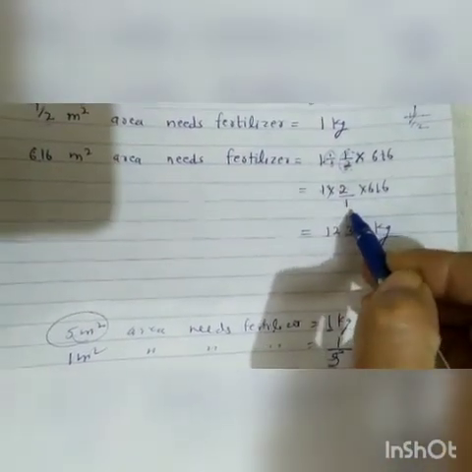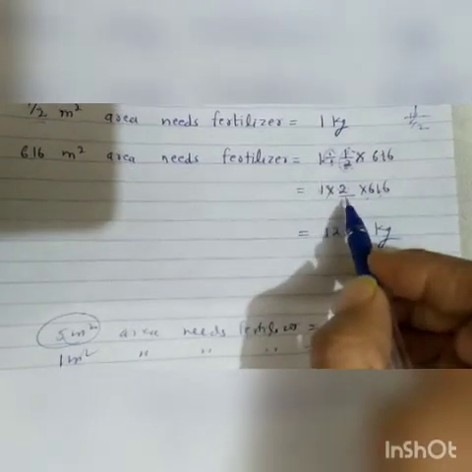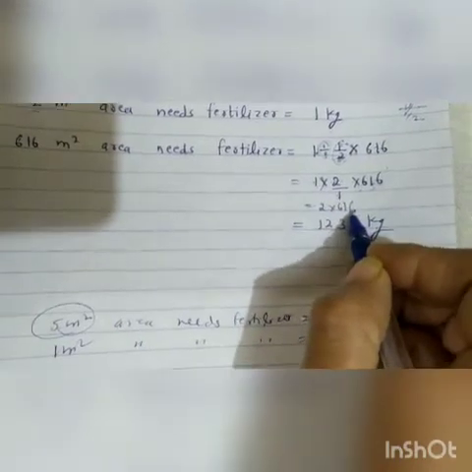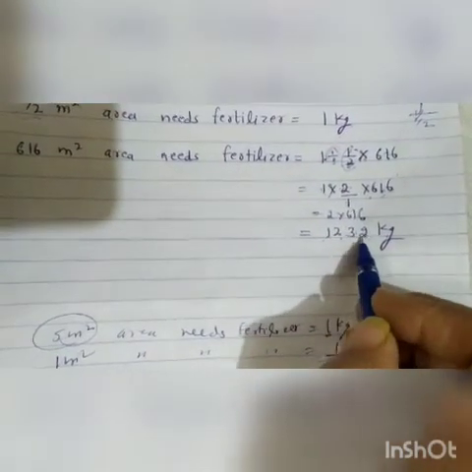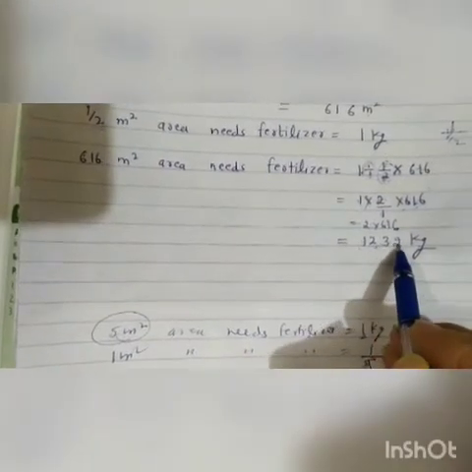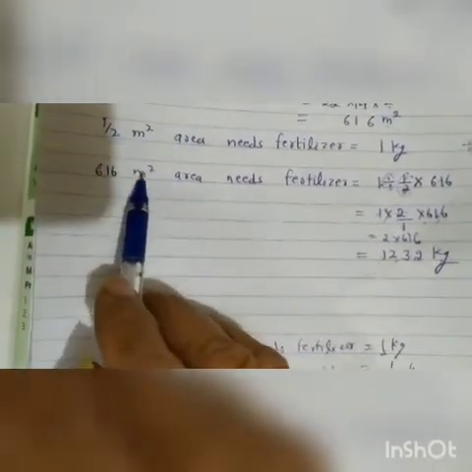So it will be 2 upon 1 multiply 616. So it is equal to 2 multiply 616. It is 1232 kg. So 1232 kg fertilizer is required for 616 square meter area.